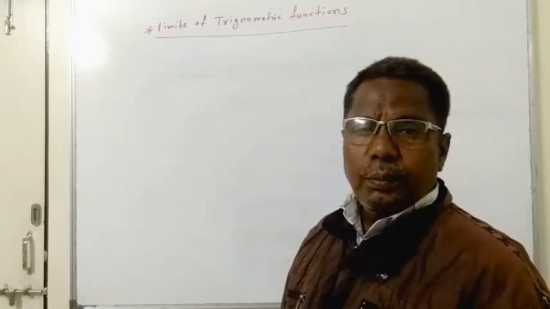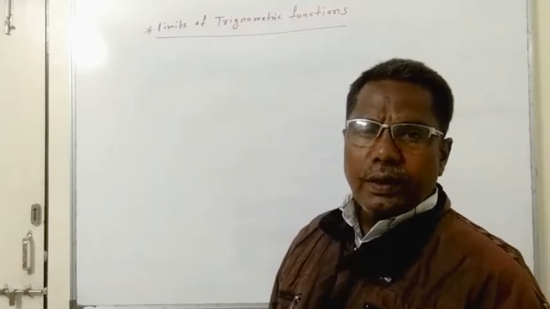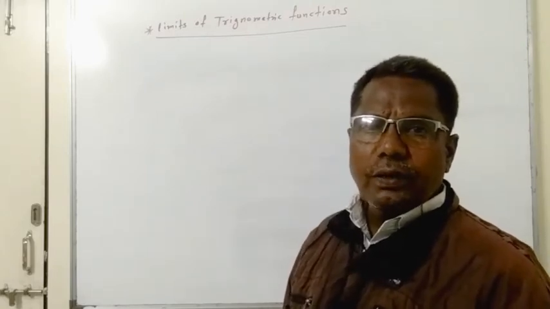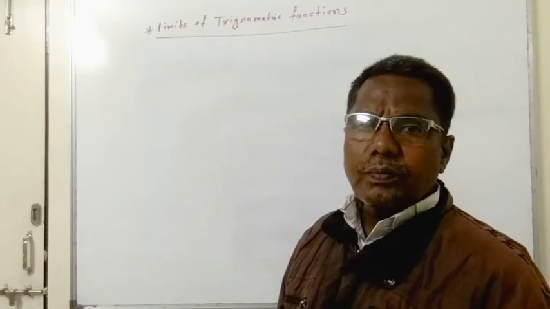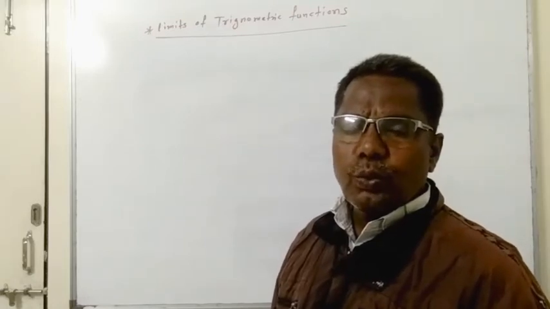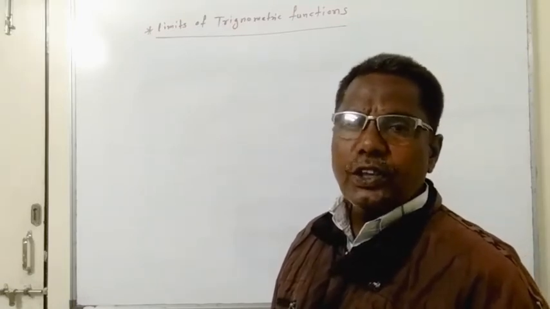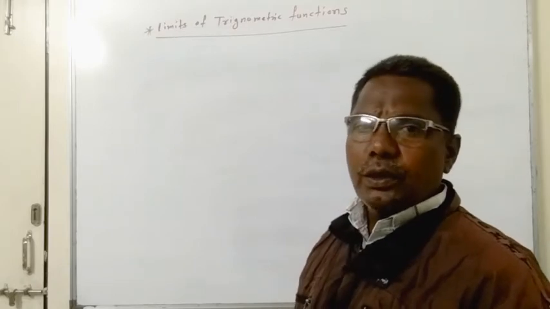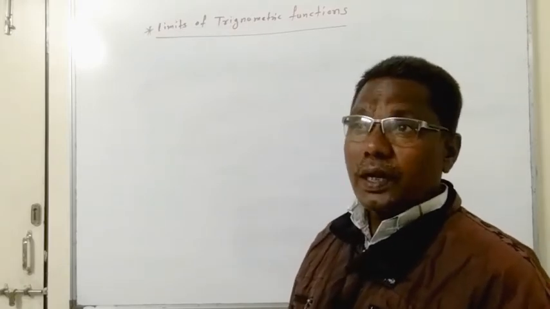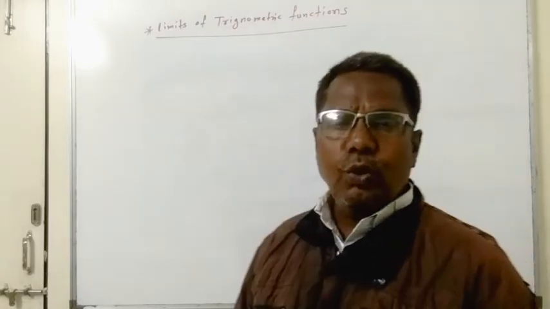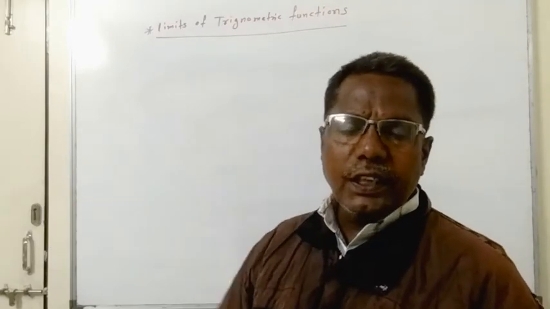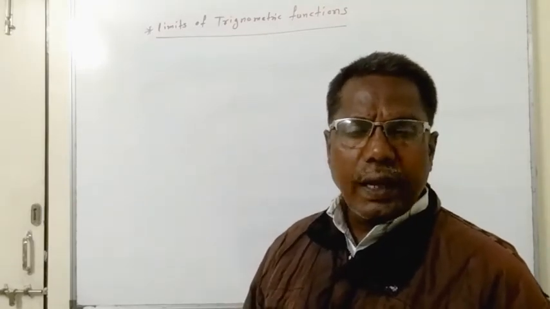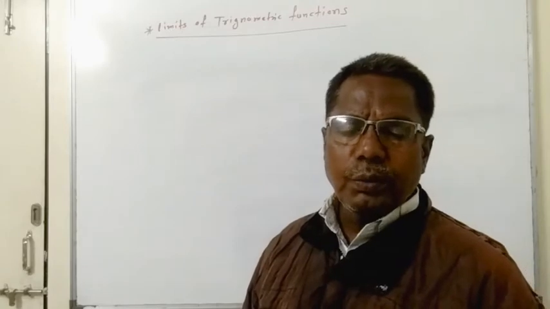And the second formula: limit x tends to a, (x raised to n minus a raised to n) divided by (x minus a), is equal to n into a raised to n minus 1. When the example takes the form 0 upon 0, we use the standard formula and evaluate the limits.